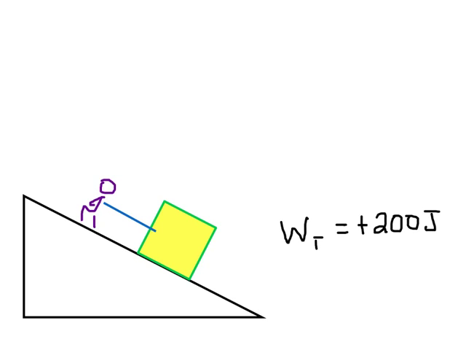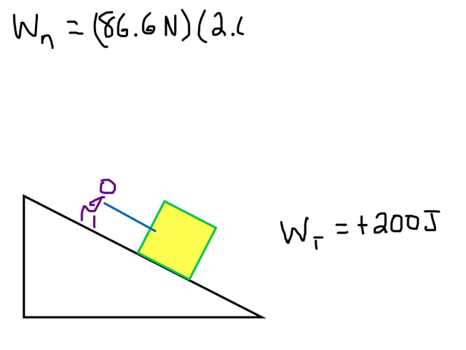So now let's talk about the work done by the normal force. So the work done by the normal force is equal to the magnitude of the normal force, which was 86.6 newtons, times the displacement, we're considering a displacement of 2 meters, times the cosine of the angle between those. Well, what's that angle?